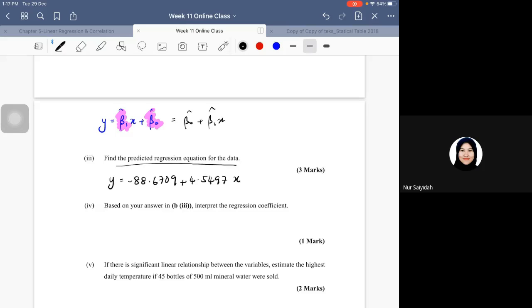So question number 4, it says that based on your answer in 3, so this is going to be related, interpret the regression coefficient. Can somebody tell me, what is regression coefficient? What is the symbol of regression coefficient?